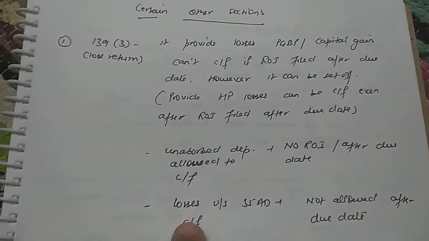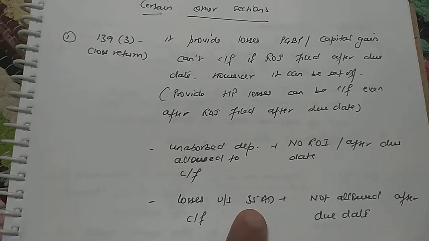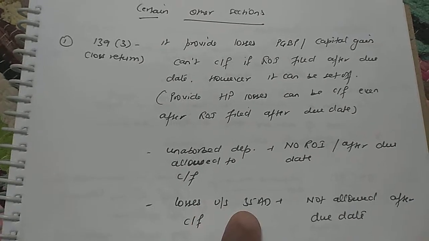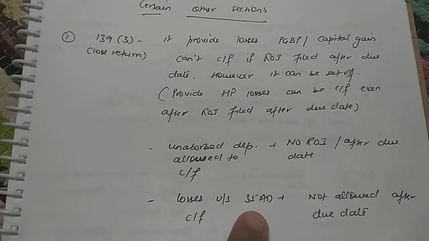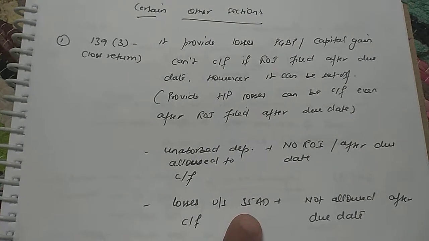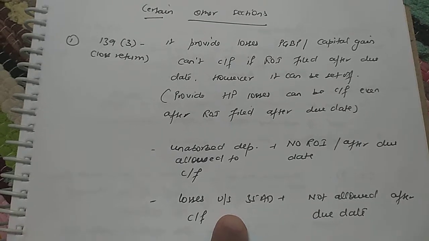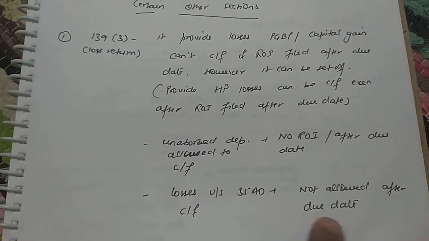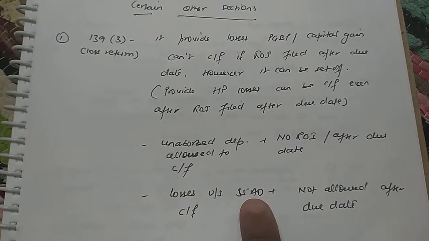This section also talks about losses under section 35AD, which we will discuss when we discuss PGBP, and which talks about income from specified business. These specified business losses can be carried forward only if the assessee filed the return of income on or before the due date. If they file the return after the due date, then they are not allowed to carry forward the losses under this section.